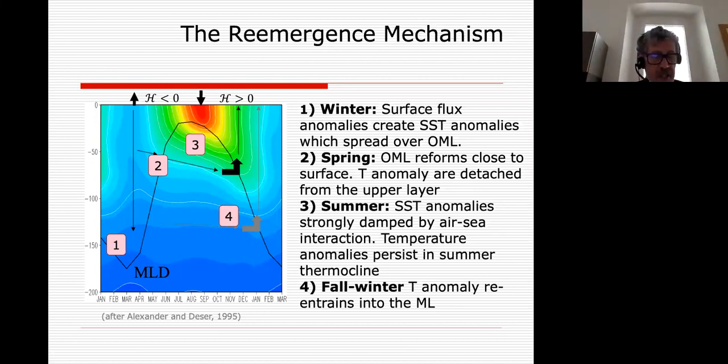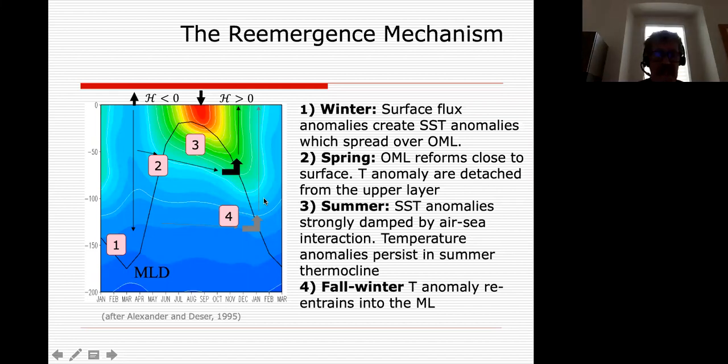When the stratification collapses and the mixed layer deepens, the entrainment of this anomalous low temperature provokes an anomalous decrease of the temperature of the ocean mixed layer.